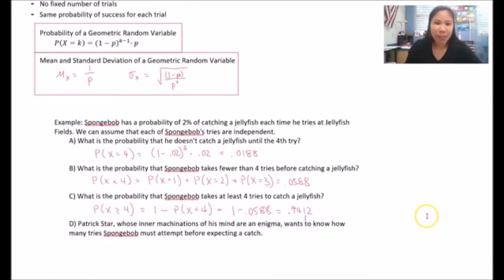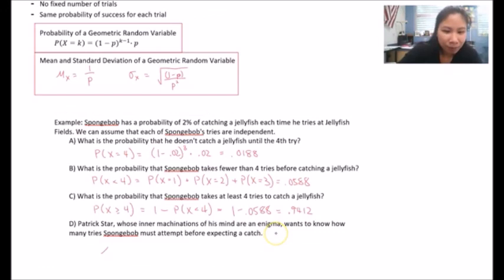Okay, last part. Patrick Star, whose inner machinations of his mind are an enigma, wants to know how many tries SpongeBob must attempt before expecting a catch. So here, this is what SpongeBob is expecting. So if you remember, expecting sounds like expected value, which is also another name for mean. So here we're really just being asked about the mean. What is the mean number of tries that SpongeBob has to make until he gets a success, before he gets a jellyfish?